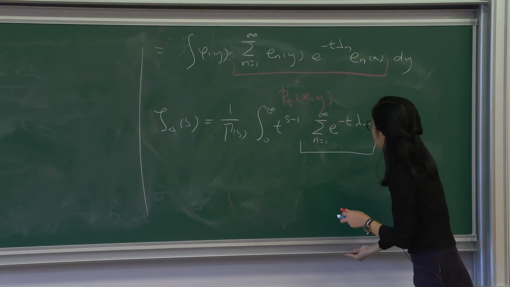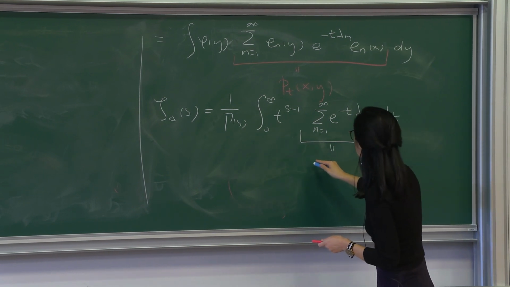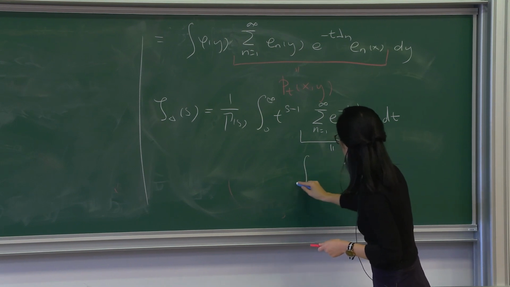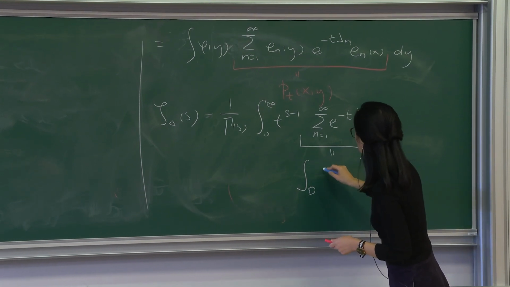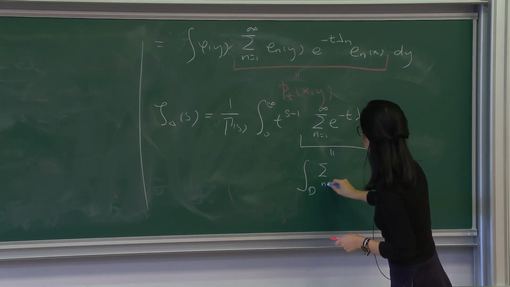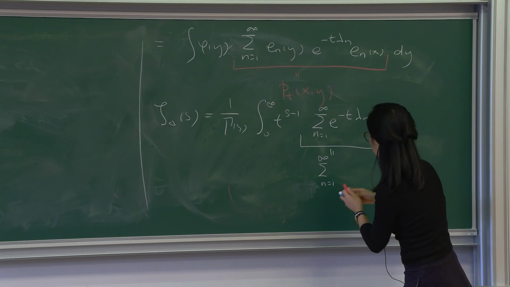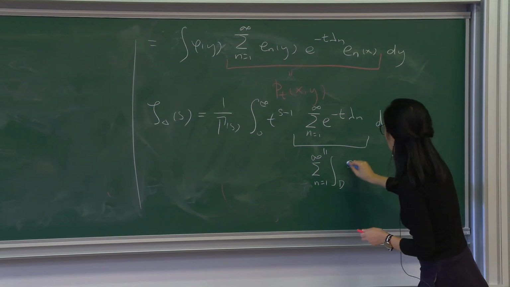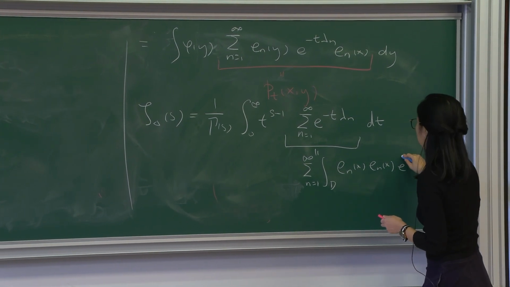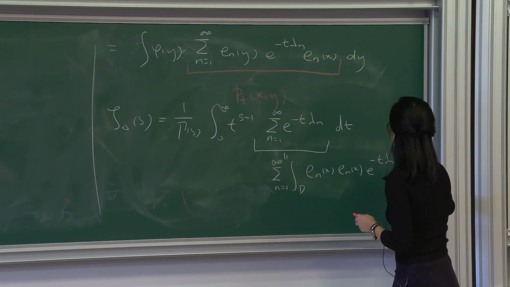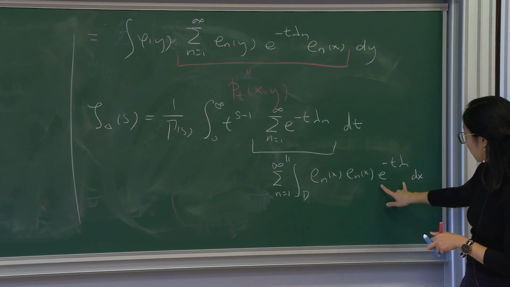I'm going to write this as the integral over my domain D of the sum over n of E_n(x) exponential of minus t lambda_n dx.